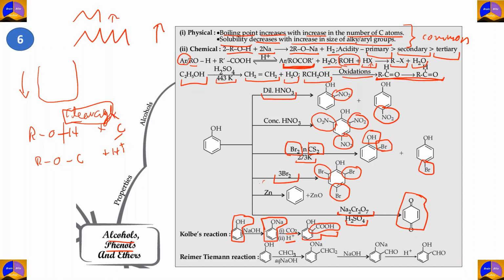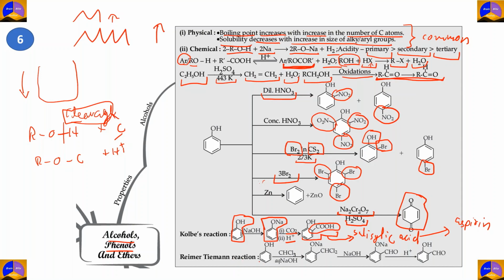The product here is known as 2-hydroxybenzoic acid, specifically, which is also known as salicylic acid. Again, an important acid used in the production of aspirin, a drug. Let's look at the Reimer-Tiemann reaction.